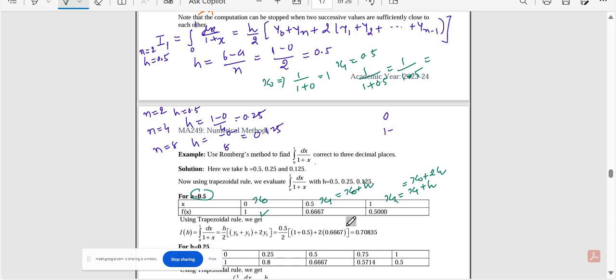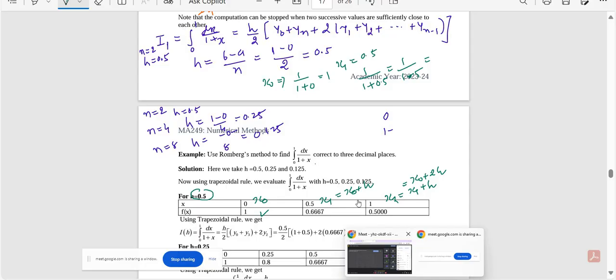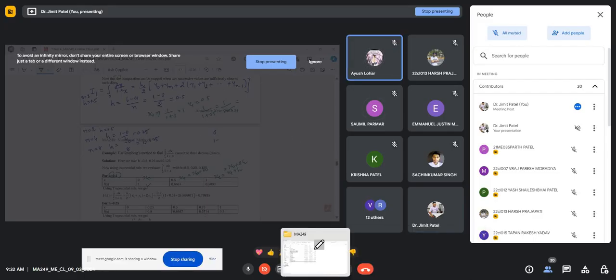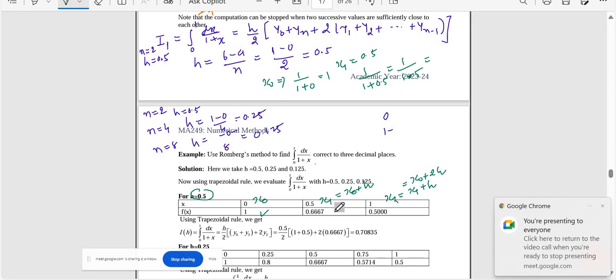Check it. 0.666. Very good. 0.6667. You can see here.